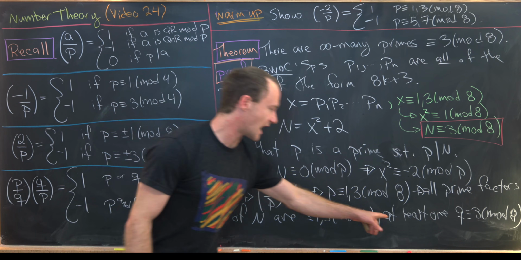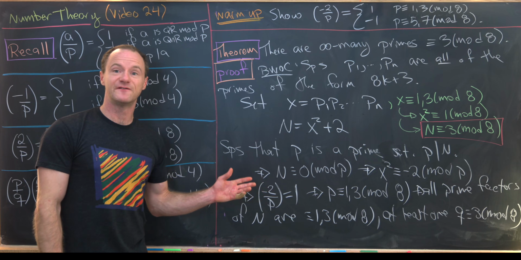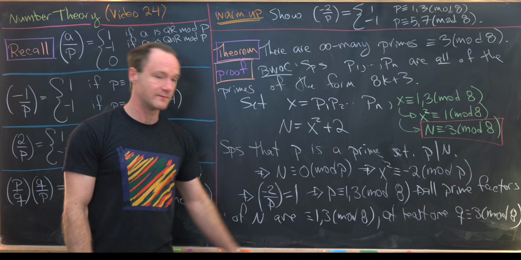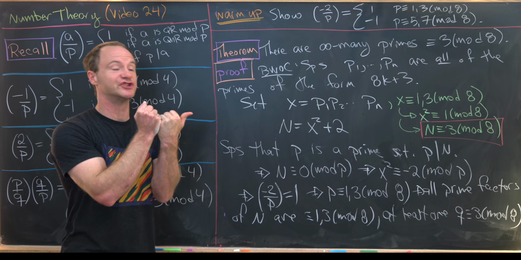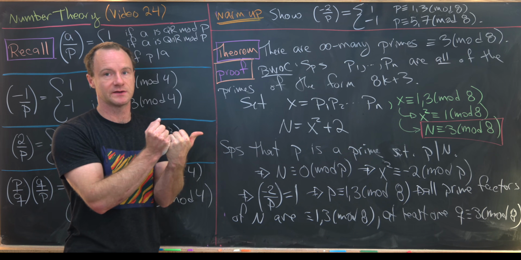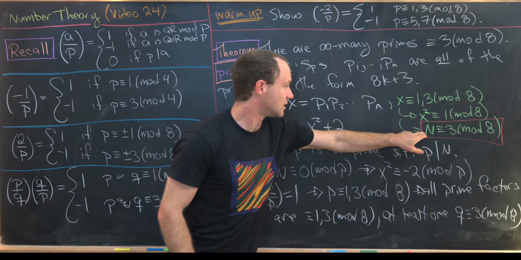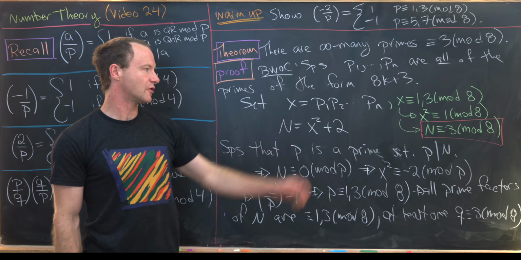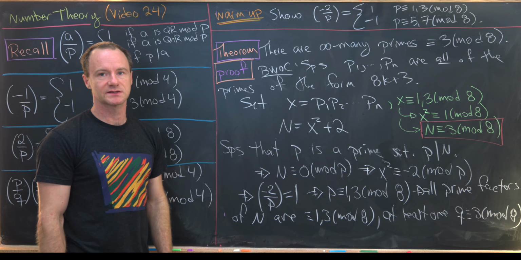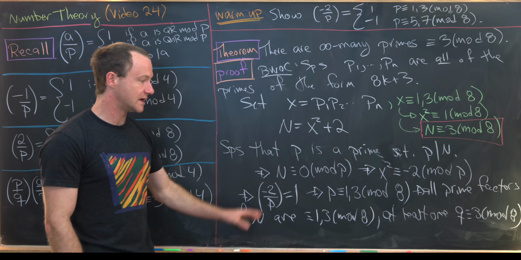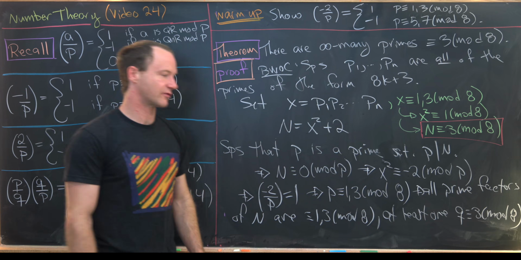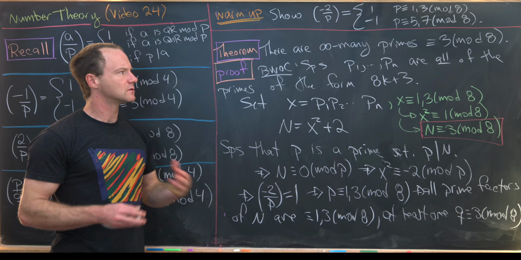Well, if this were not the case, in other words, if they were all congruent to 1 mod 8, then when we took their product, we would get a result that was 1 mod 8. But we know our result should be 3 mod 8 by this thing over there that's in green with the red box. So that means they cannot all be 1 mod 8, so at least one of them has to be 3 mod 8.